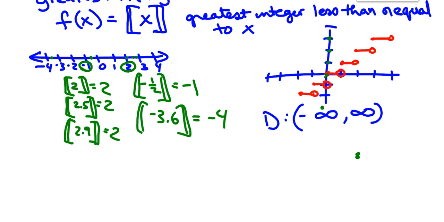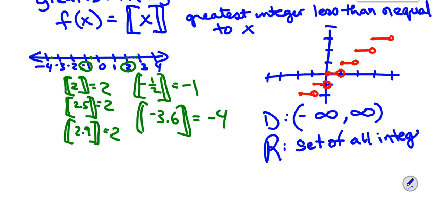I'm going to pull off those little dots, and I'm going to give a descriptive range of that. The range is the set of all integers. We can call that by its number set if we want, but for now I just want to write it as the set of all integers, just to be careful.